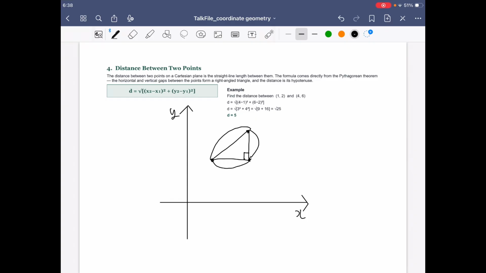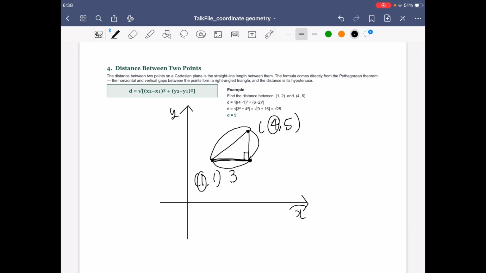Why? Because if we have maybe not 1, 4, let's use the same one, and then maybe 4, 5. If you have a look at x coordinates 1 and 4, and you see the difference, it's 3, then it is pretty clear that the distance between these 2 points is 3, because it's just the difference between x coordinates.